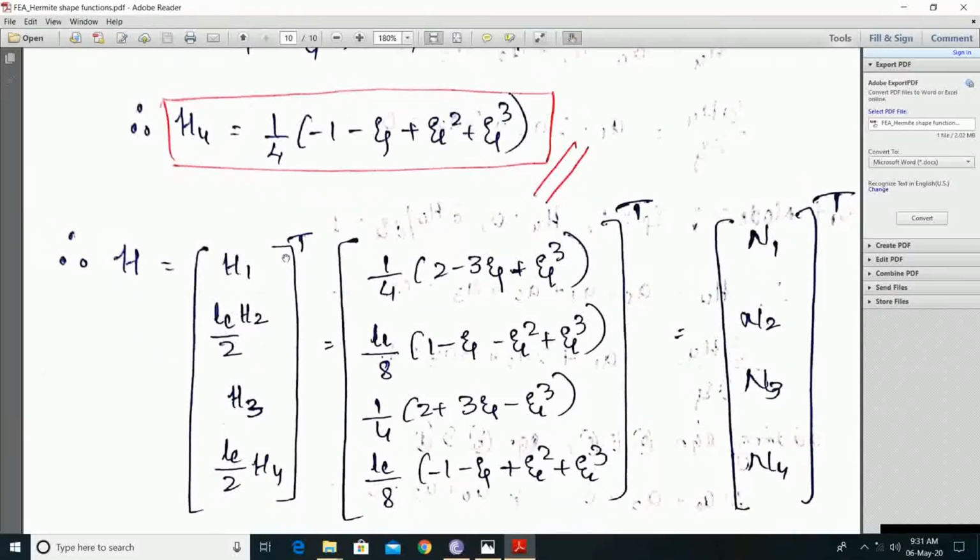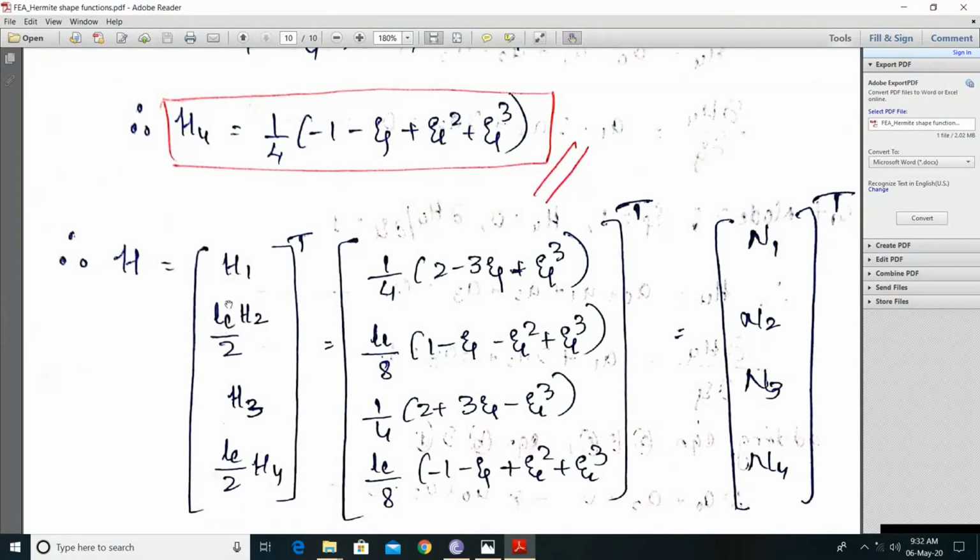Instead of writing it horizontally, by representing T here, which indicates transpose of a matrix, we will write all these expressions. You can see this is H1, this is Le by 2 H2, which is equal to N2, this is H3 and this is Le by 2 H4. So H1 will be equal to N1, but H2 will not be equal to N2, because Le by 2 is present here.